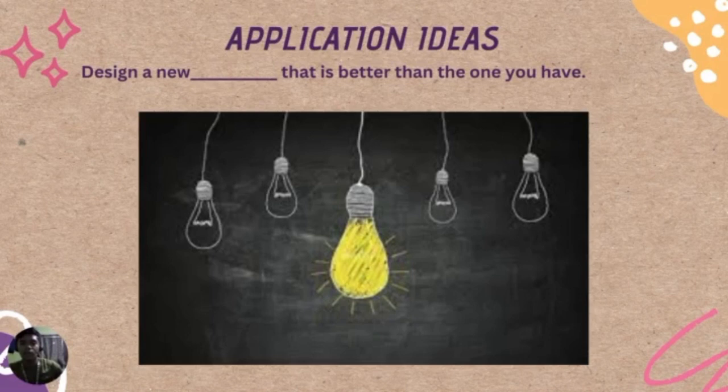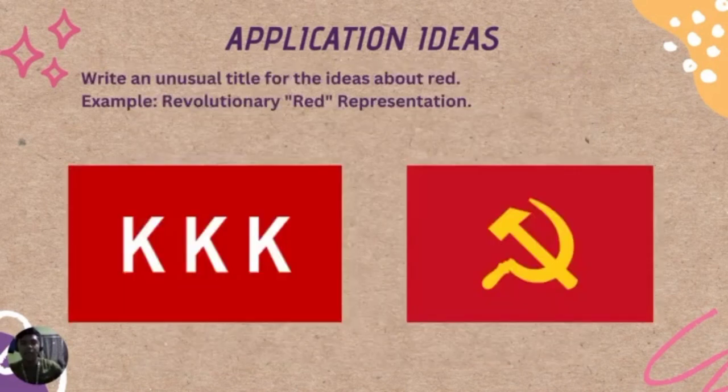And also, another example is write an unusual title for the ideas about red. So the interpretation for red means revolutionary. And also for example, white means peace and purity, and the color blue means justice and bravery, right? Sometimes that is the representation of those colors.